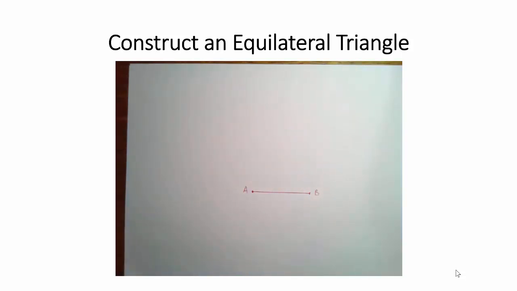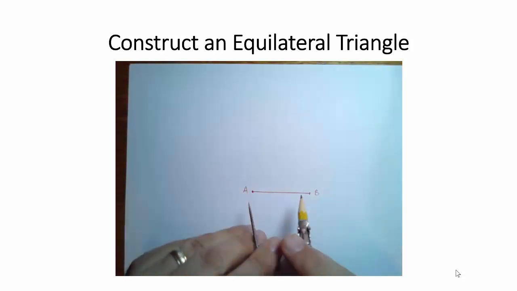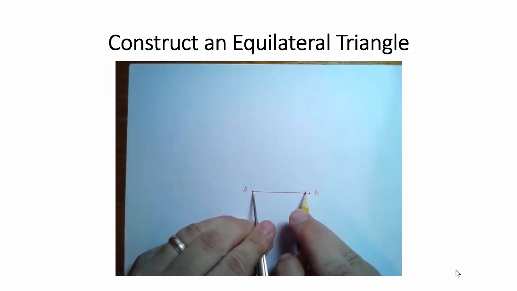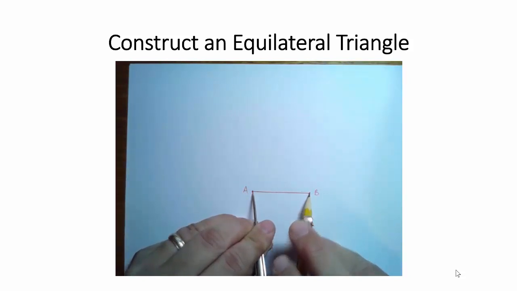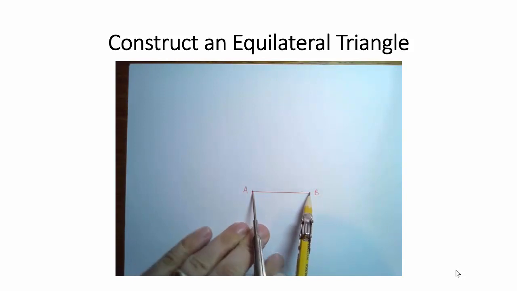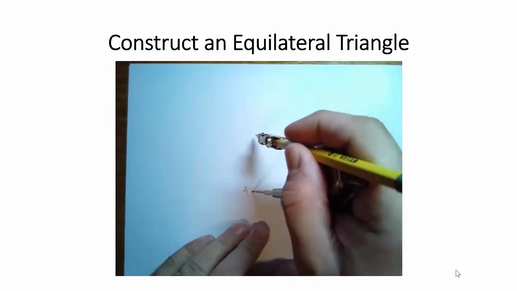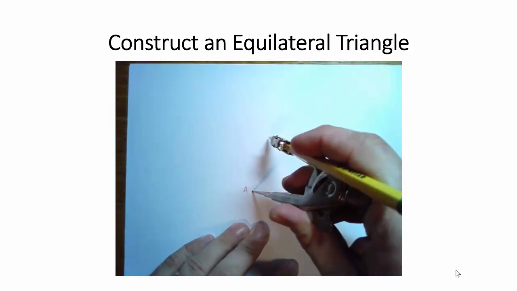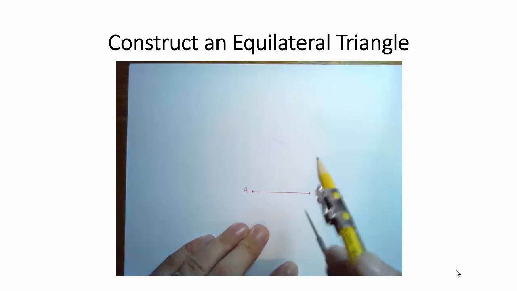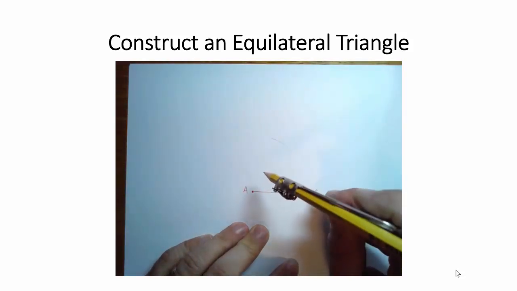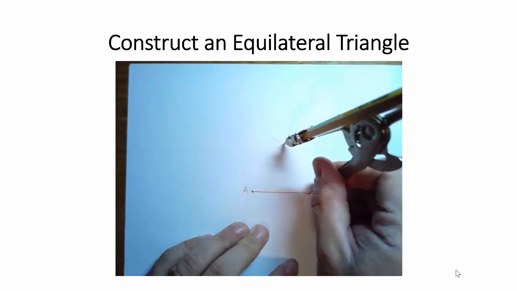All I need to do is draw two circles with radius equal to the length AB. So I can start at circle at center A, and then another circle with center at B.